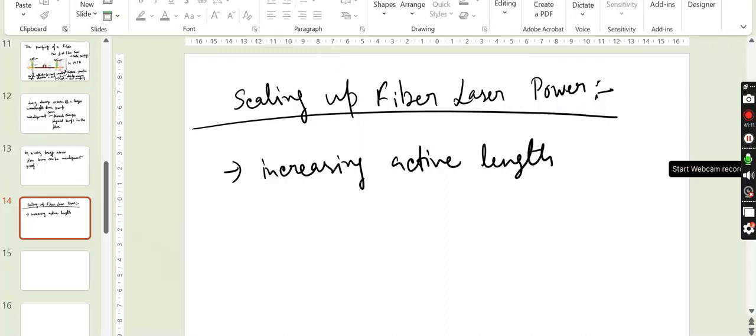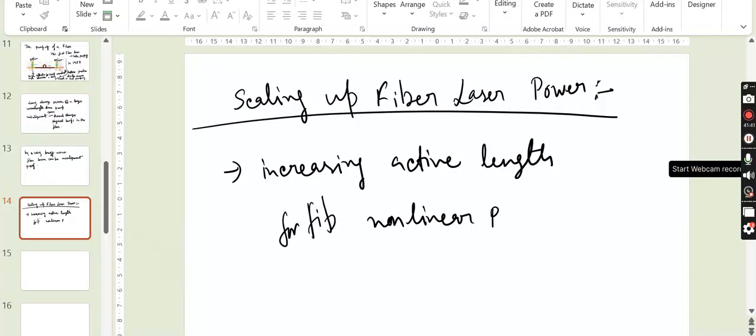Basically, that's the easiest way to scale up the power. But if we do it in the fiber laser, some nonlinear processes become operative and eat away the intracavity power.